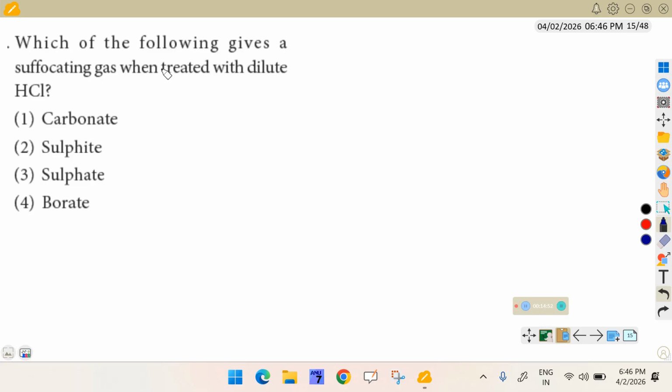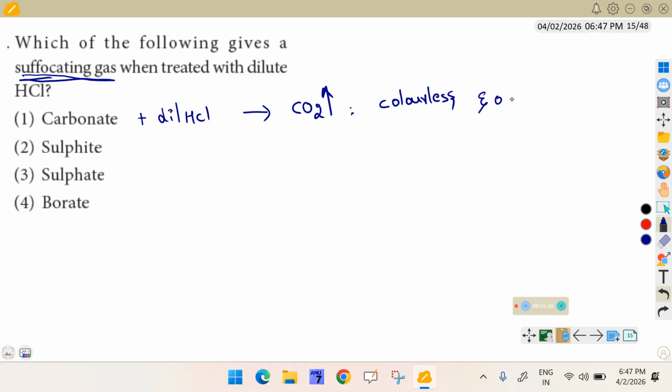Which of the following gives a suffocating gas when treated with dilute HCl? Suppose carbonate is treated with dilute HCl. Then it liberates carbon dioxide gas. Carbon dioxide gas is colorless and odorless.